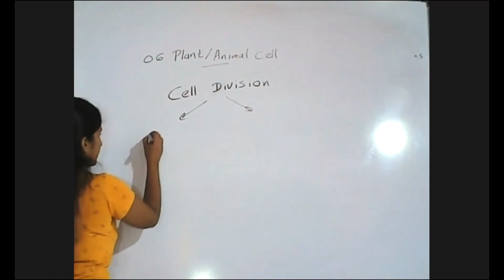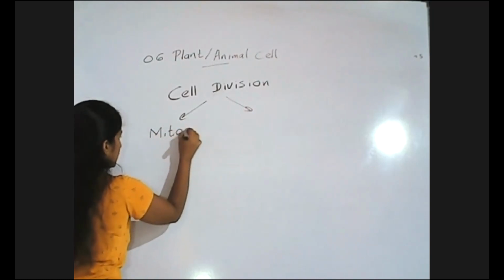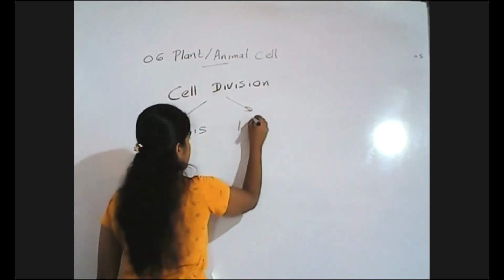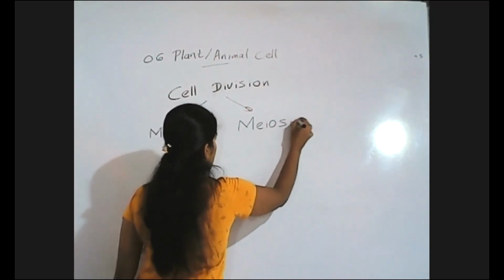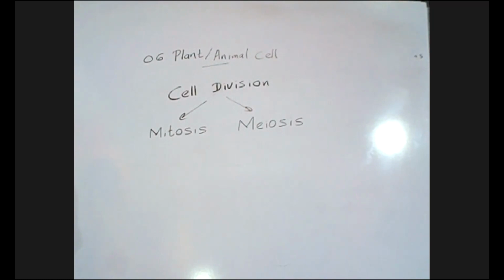What are the two ways? Mitosis and meiosis. Mitosis and meiosis, right?